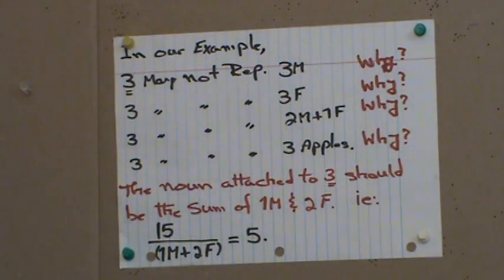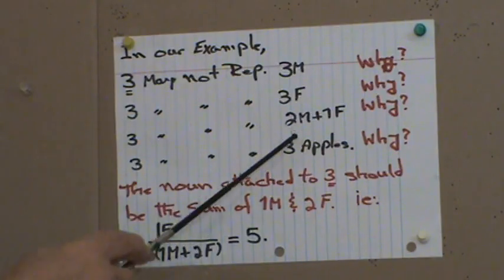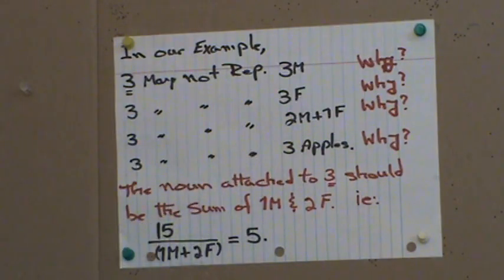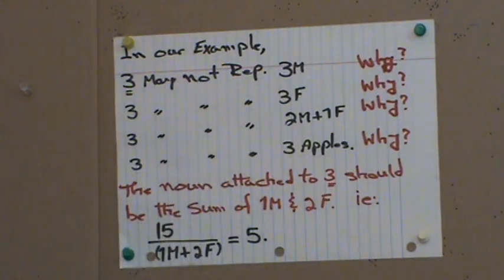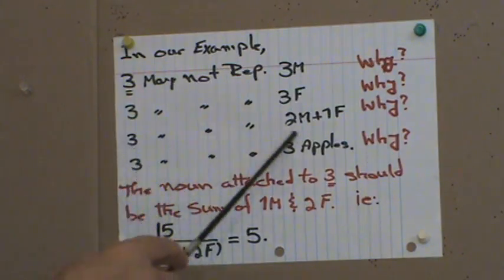In that case, the ratio is violated, because the problem indicates that the ratio of male to female is 1 to 2. But if this is the case, then the ratio of male to female will be 2 to 1. So that also violates the premises of the problem. So this is also out.